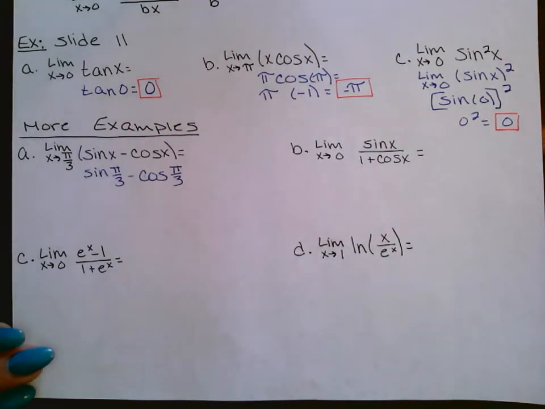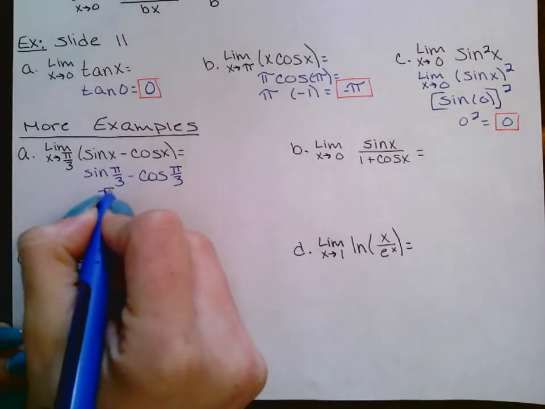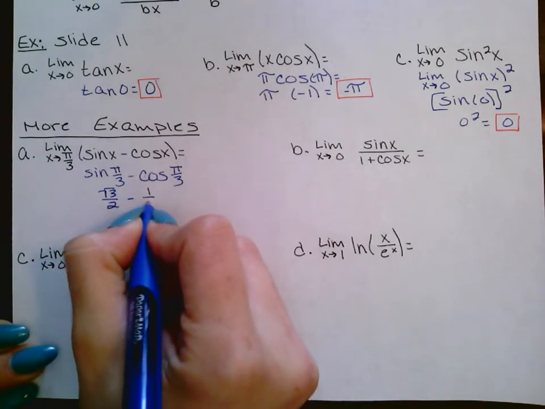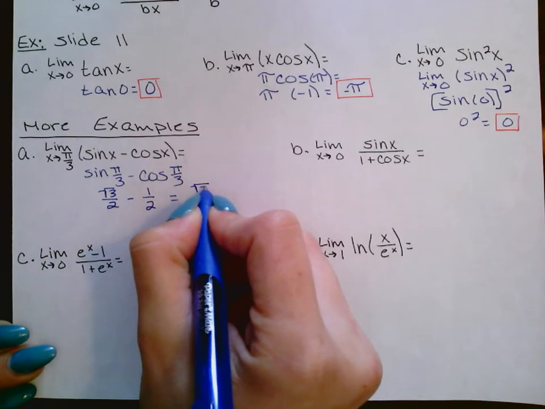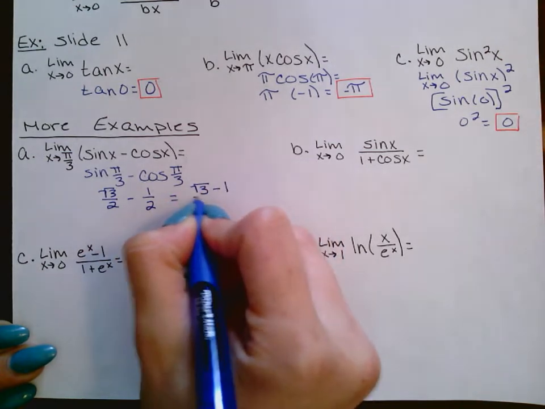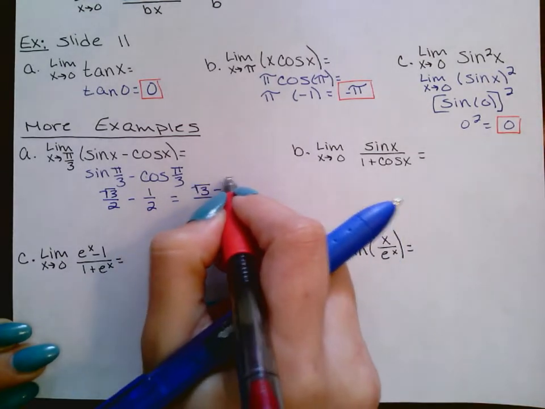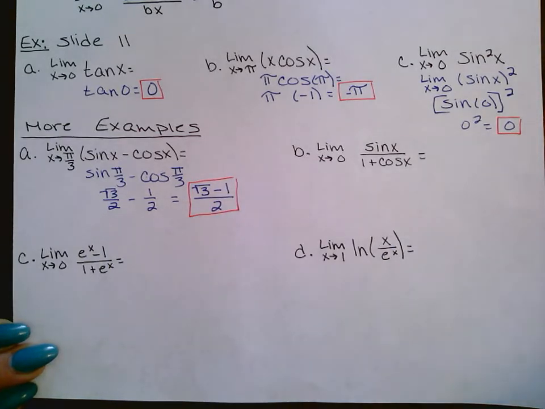Okay? Now at pi over 3, my sine is radical 3 over 2, and my cosine is 1/2. So the most I can do with this is just combine it, being that they have common denominators, and that's it.